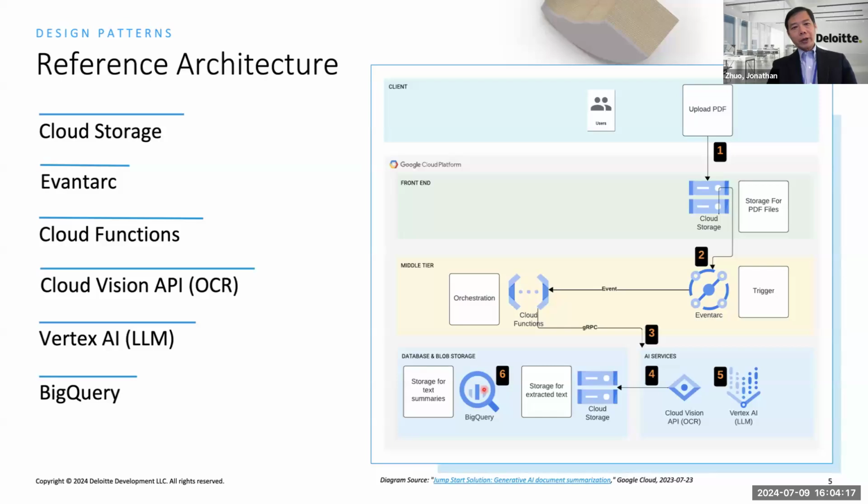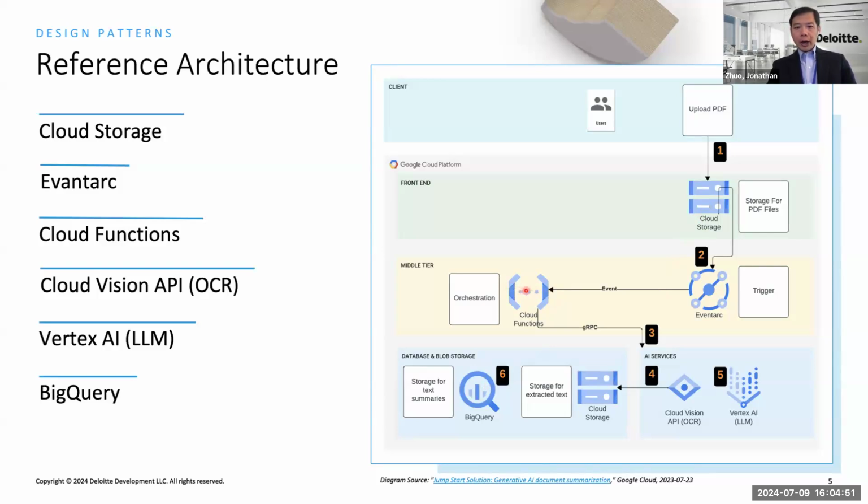If we look at it from the components perspective, each component serves its purpose in this reference architecture. Cloud Storage stores the PDF documents and the extracted text. Eventarc watches for new documents in the cloud storage bucket and triggers an event in Cloud Functions. Cloud Functions orchestrates the document processing steps.